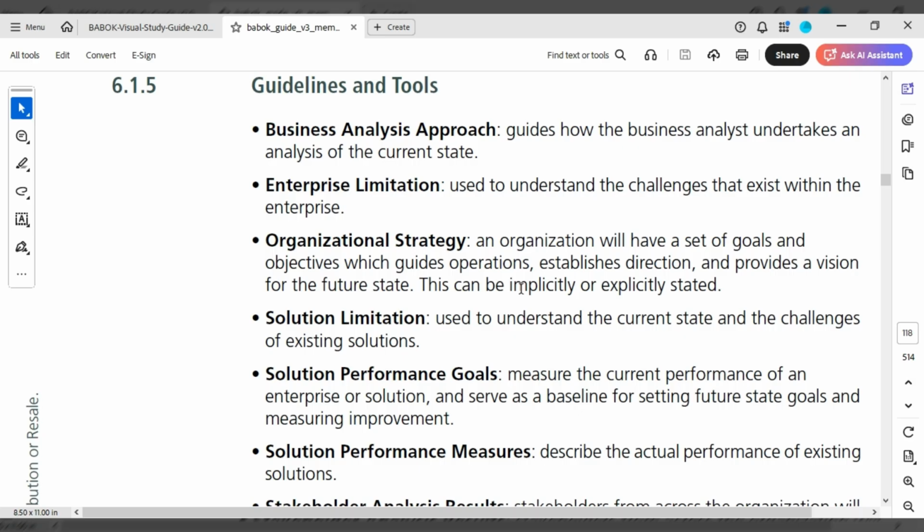So, guidelines and tools. You are looking at the business analysis approach, which is what would guide you. The enterprise limitations: you use this to understand the challenges that exist within an enterprise. Organizational strategy: whatever enterprise you join, they have their strategy, so you need that to guide you.